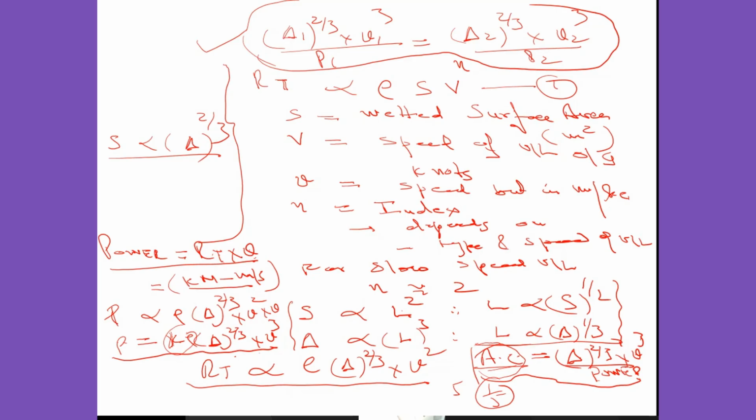As I told you, there are 4 or 5 topics on which the numerical can come, but only one numerical will be coming. Whether it is from Admiralty coefficient, fuel consumption, slip or power, we have to do that one. There is no choice. It is a compulsory question. First one you have to attempt.